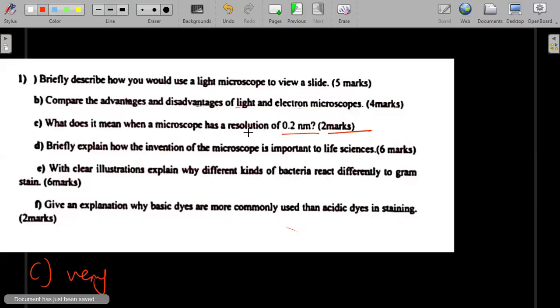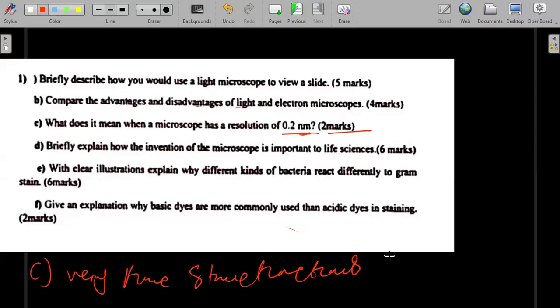Since 0.2 nanometer is a very small resolution, it means that it can only show very fine structures, which are closer to that resolution, closer to 0.2 nanometer. So that's what it means here.